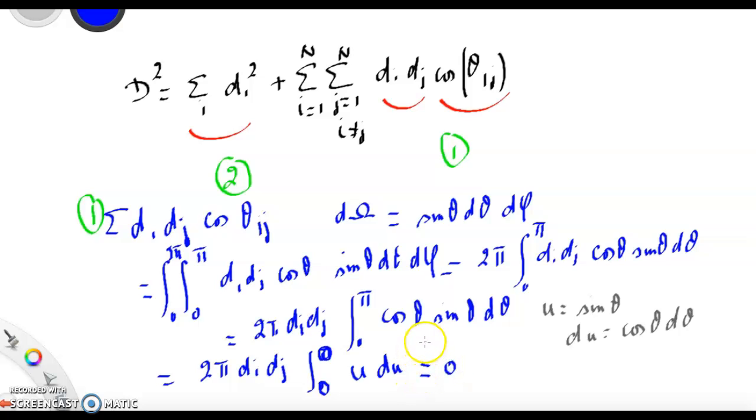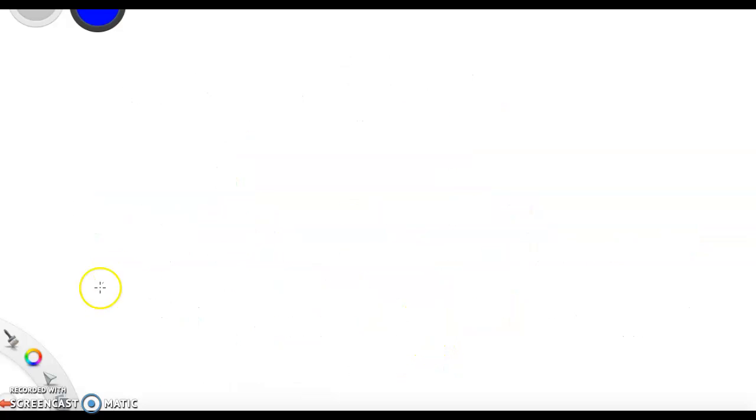So the sum of the first term, term 1, is 0, and I'm left now with the sum of the second term. Let's state it again: my second term, term 2, is simply the sum of the square of the steps. That's a sum over i of d_i squared.